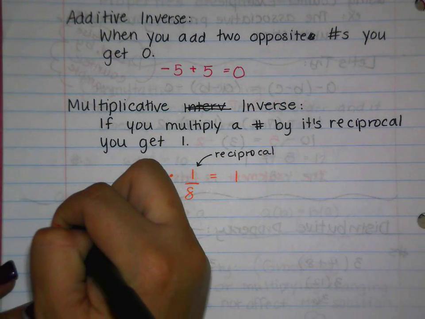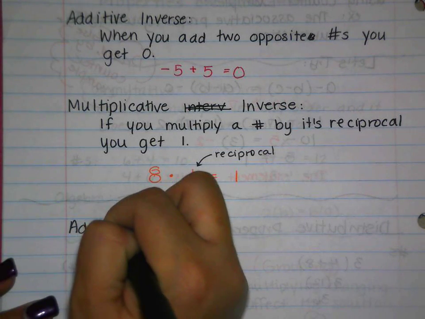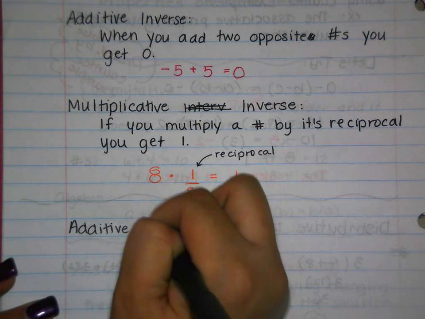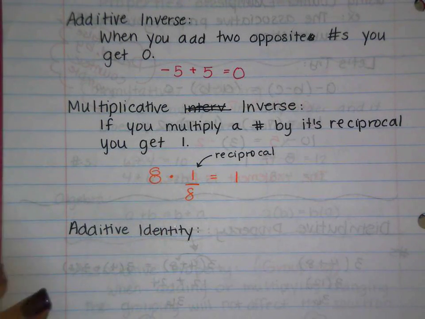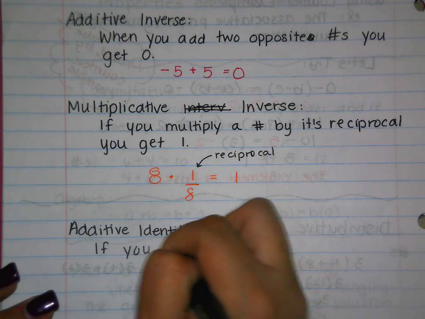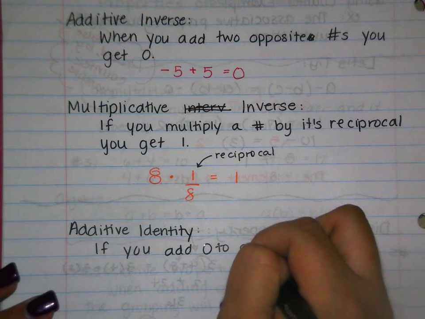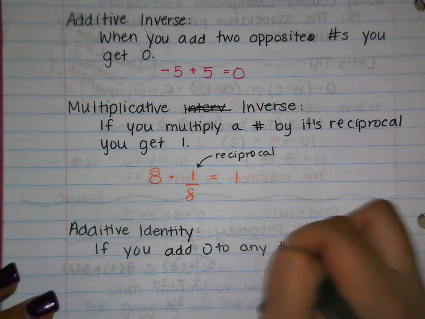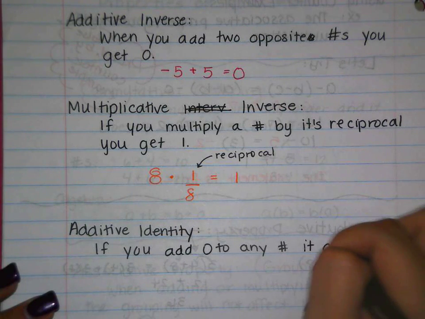Okay, we have 2 more. We have the additive identity. The additive identity is going to say if you add 0 to any number, it doesn't change.